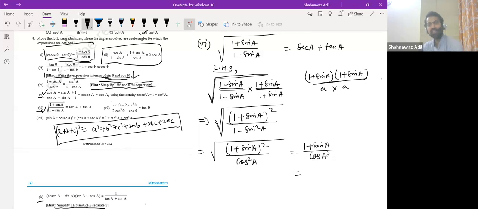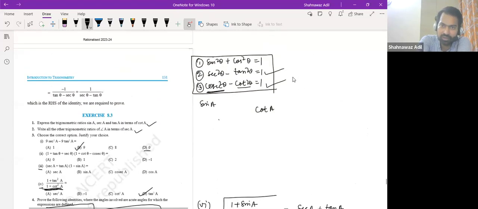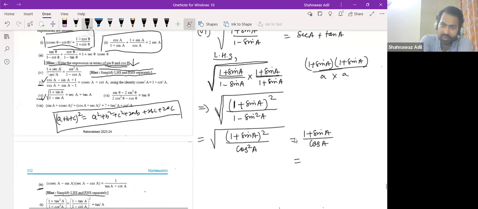So then what do we do next? Whenever we have a single denominator, what do we do next? In the previous question, we got a similar kind of problem.